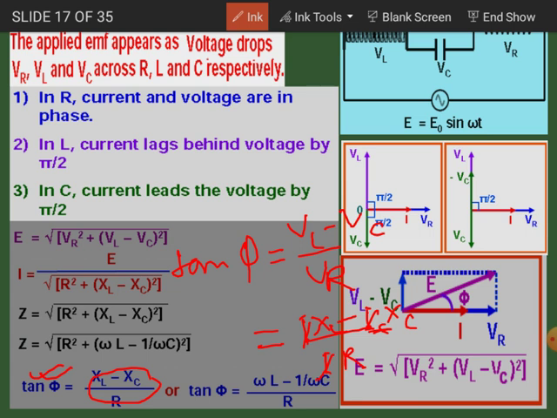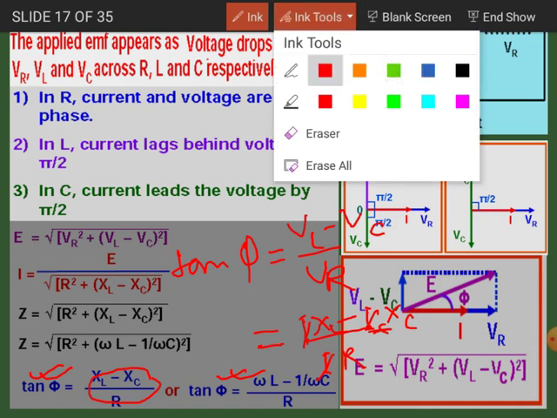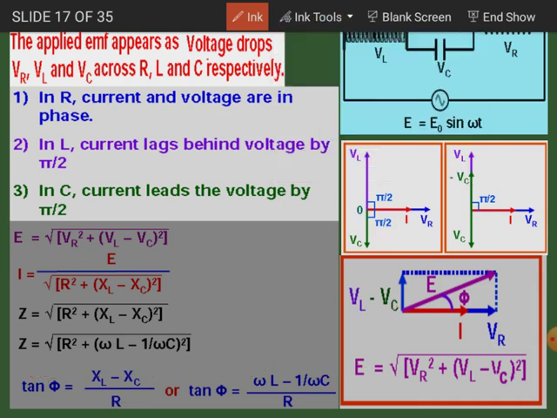Tangent of phi equals omega L minus 1 by omega C, divided by R.